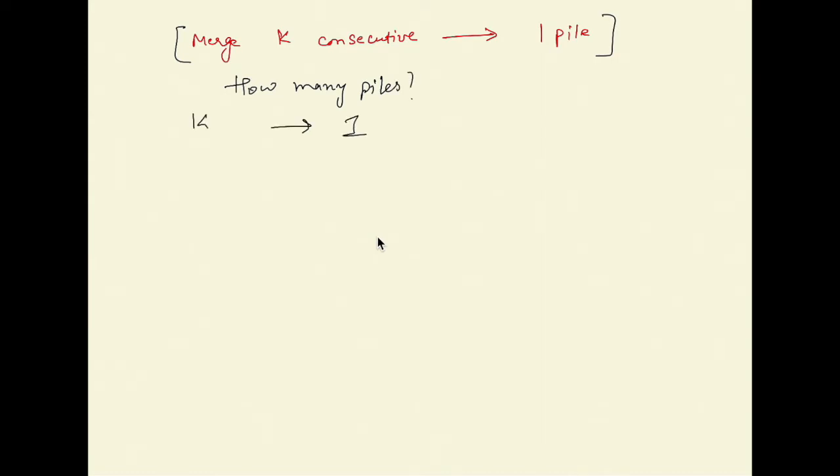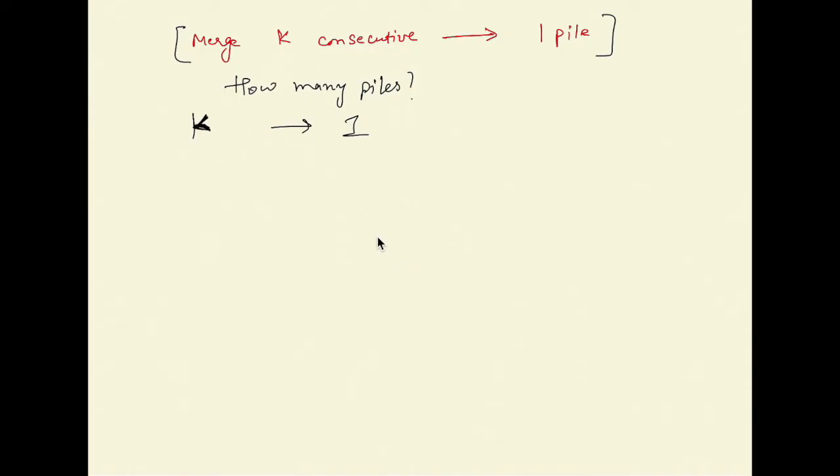First we observe that if we merge k consecutive stones each time into a single pile, how many piles can we end up with? If we have k piles, we can merge all of them into one pile.